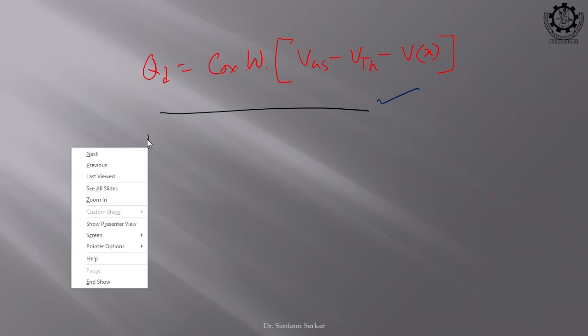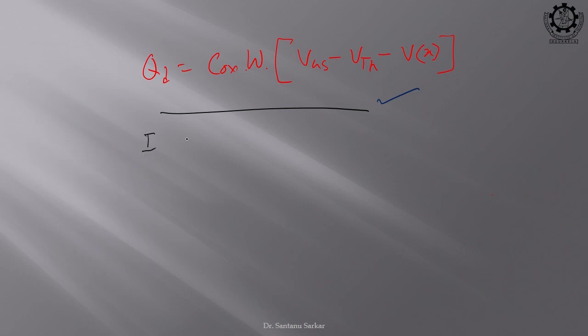So, now we all know that current is equal to Qd into v, where v stands for the velocity of the unit chunk of this electron, and that we can define as mobility of the electron, because here we are talking about NMOS and electron only. So, mobility of the electron, that is mu n into electric field, okay.